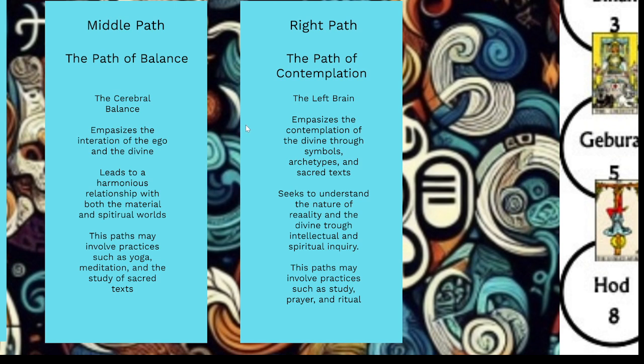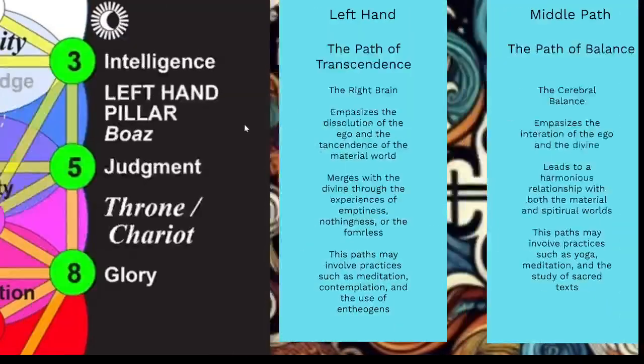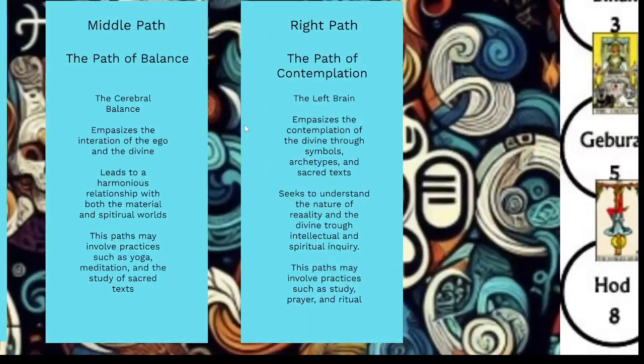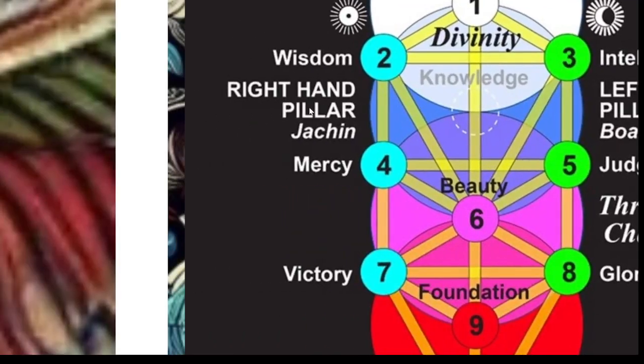But I wanted to come back because I did remember that I did take some notes on this. And so related to that pillar is the idea of the word Jachin, which is he will establish. And it's related to the white pillar of the south.